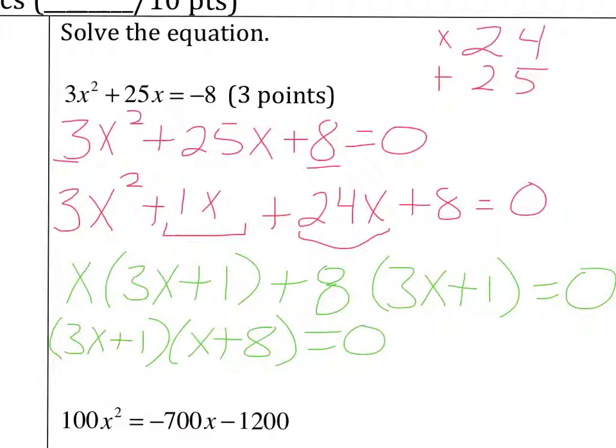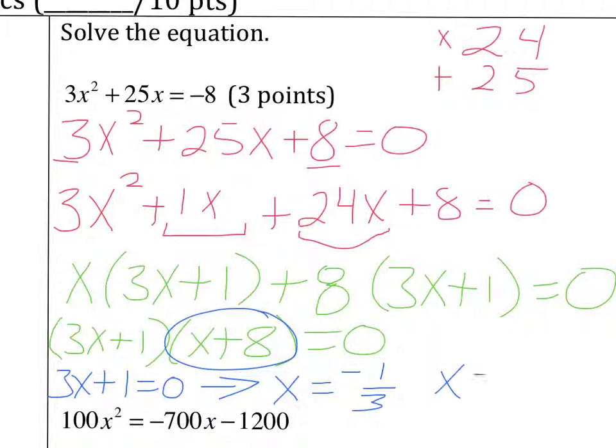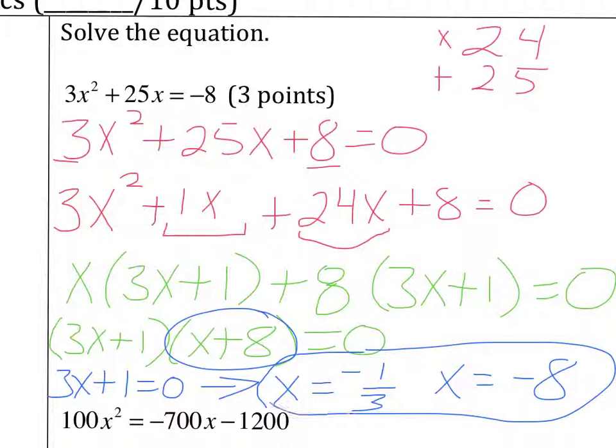That means that 3x plus 1 equals 0, which means that x could equal negative 1 over 3. And from my x plus 8, I get x equals negative 8. Those are my two solutions.